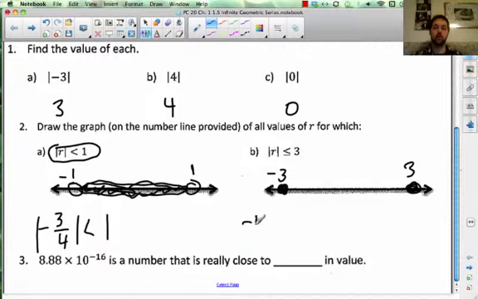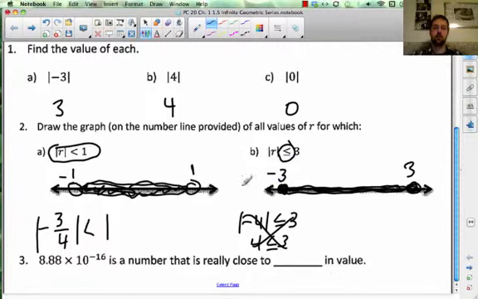But if r were something like -4, even though -4 is less than 3, the absolute value of -4 is 4, which is not less than 3, and this is not true. So this is the range that r can fall into, and we have shaded circles because it includes 3, less than or equal to.